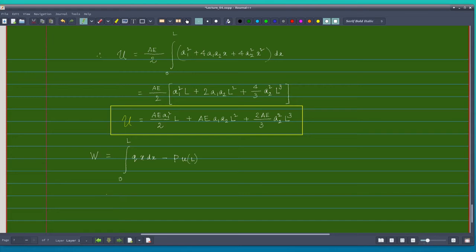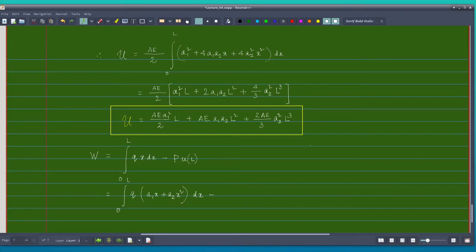and therefore what I can write it as 0 to L Q into A1x plus A2x square. So I'll write A1x plus A2x square dx minus what is my UL?